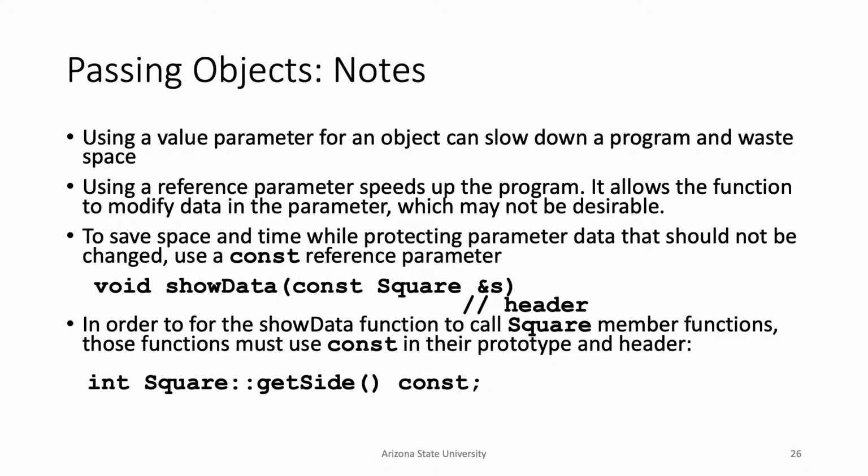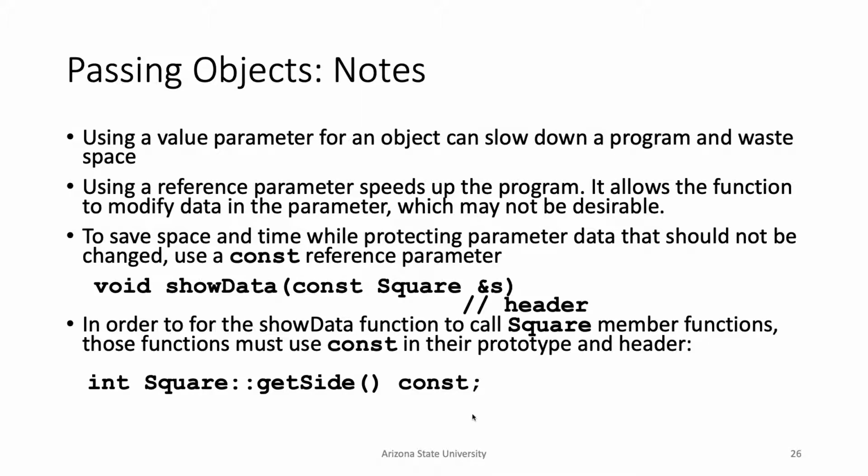So the set side function does modify stuff because it's a setter, but a getter usually doesn't modify stuff on the inside. So this const on the end, so only on the end, means nothing is modified in this function. So nothing inside the class changes in this function.